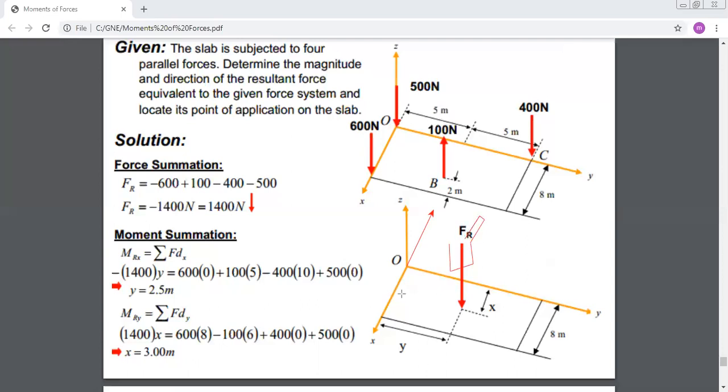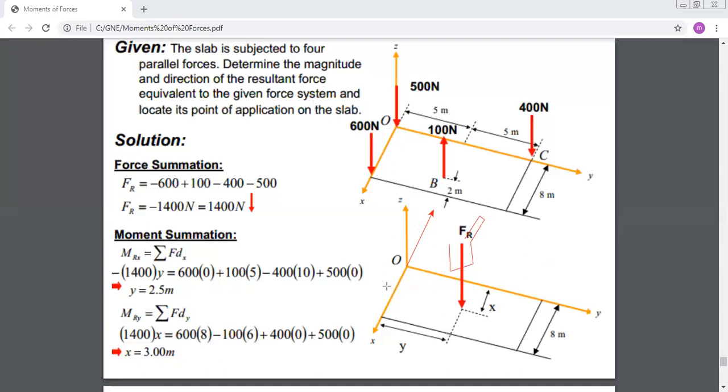So of course I should move it in positive y and not in negative y. And even you can know this directly because your resultant force should be somewhere on the plate, because all your forces are on the plate. So you cannot have a resultant outside of the plate. So by logic also, you should move in the positive y direction.